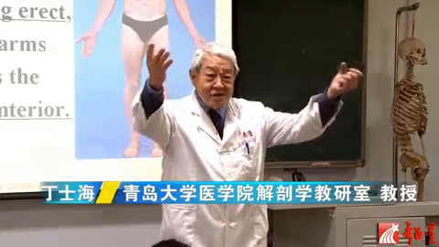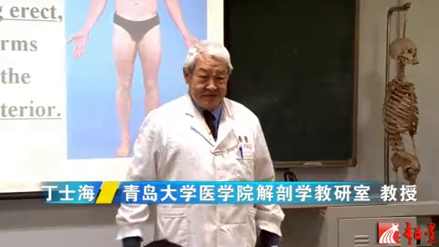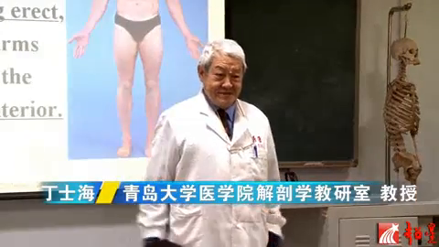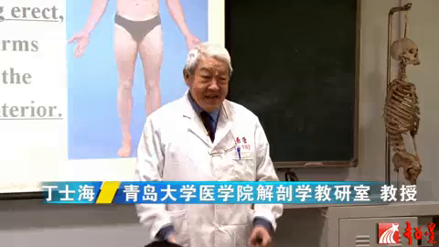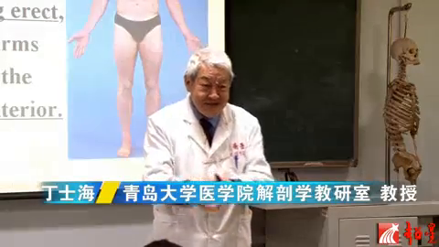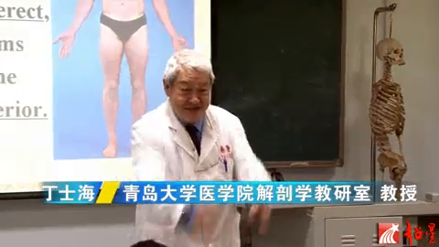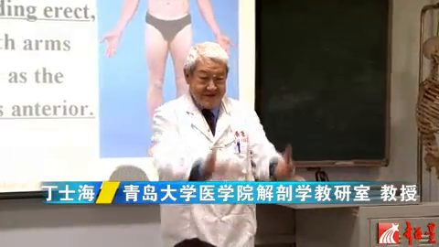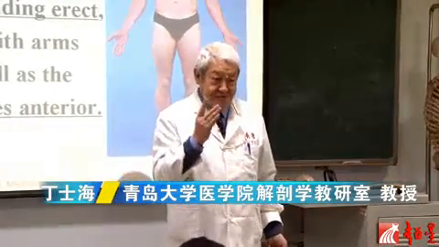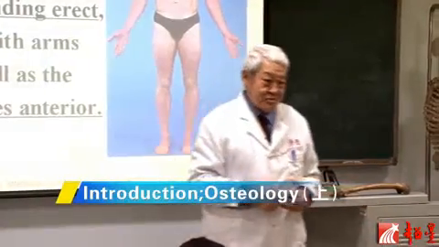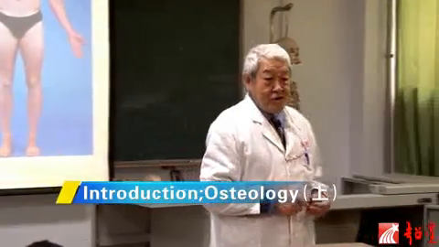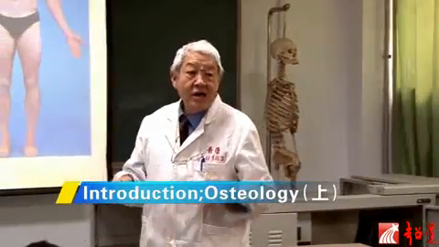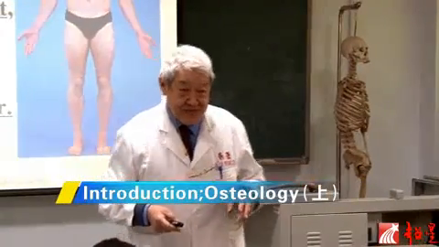Then our two upper limbs are just beside our body. Also, our palms and our toes are toward the front. In this position, we call it the anatomical position. All of the description is according to this position.